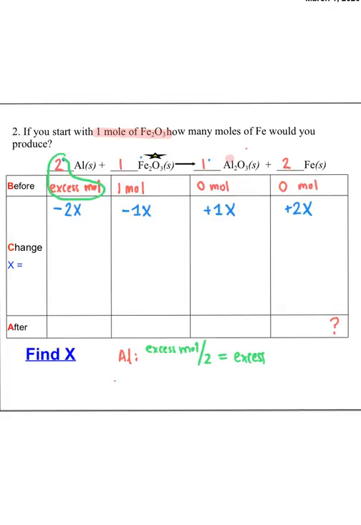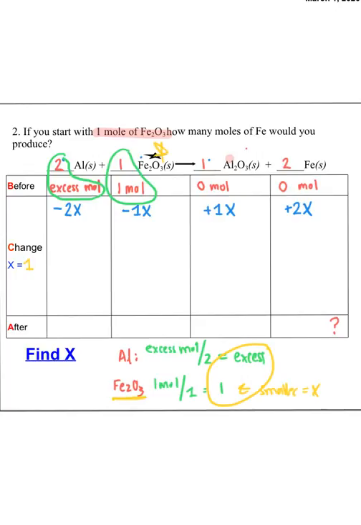And for my Fe2O3, I'm going to take my moles, 1 mole, and divide it by the coefficient 1. Well, 1 divided by 1 is 1. Out of comparing these two, that is clearly smaller. So that is going to be my X, which means if X is 1, this Fe2O3 is my superstar.